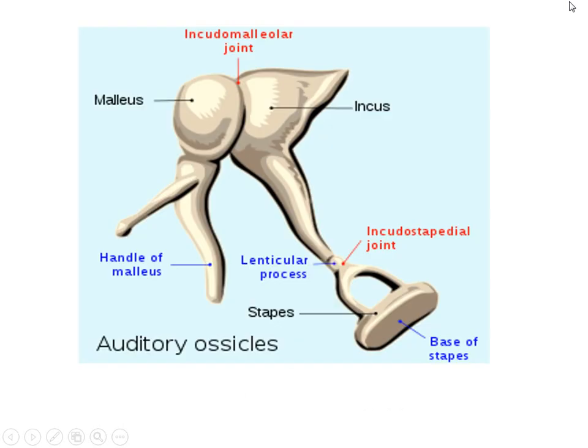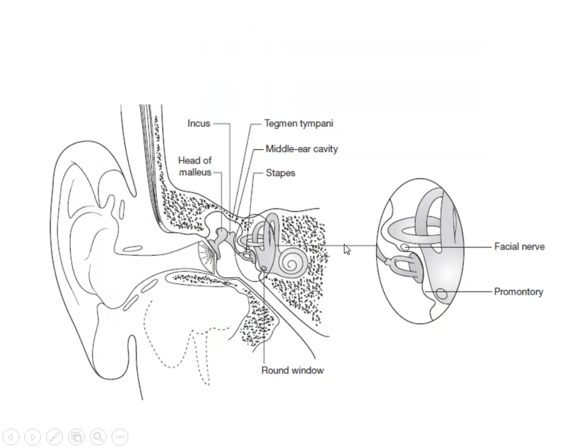These bones are joined together by synovial joints, and they are the smallest bones in the body. This is the malleus, and this is the incus. The small one sitting on the inner ear is the stapes. This is the malleus.